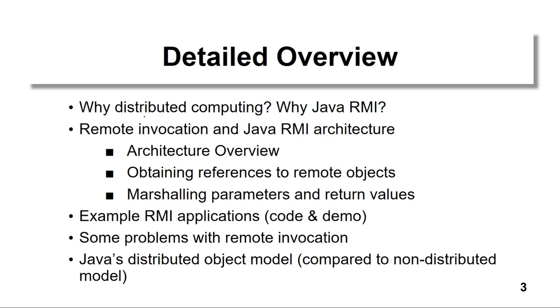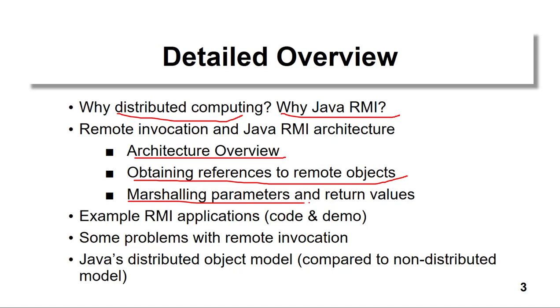So why distributed computing, and why are we looking at Java RMI? We'll be looking at an overview of the architecture of remote method invocation with Java. We'll be looking at things like obtaining references to remote objects and the concepts of marshalling parameters and return values.